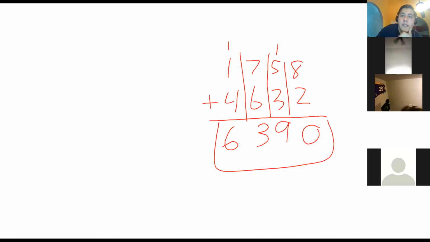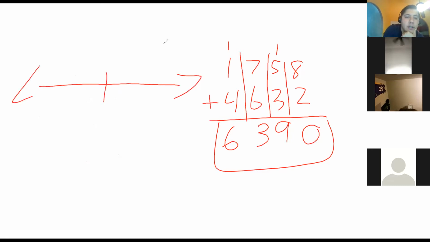So let's say, for example, let me draw out a number line, okay? So let's say we start off at 0, right? And then we add 3. Okay, so 1, 2, 3, that's where we end up.